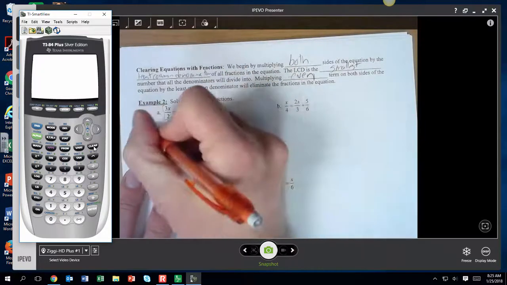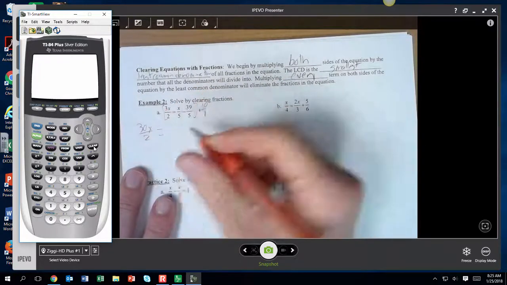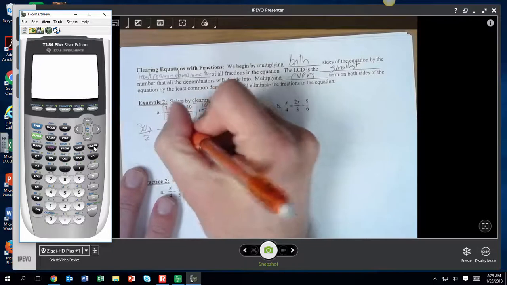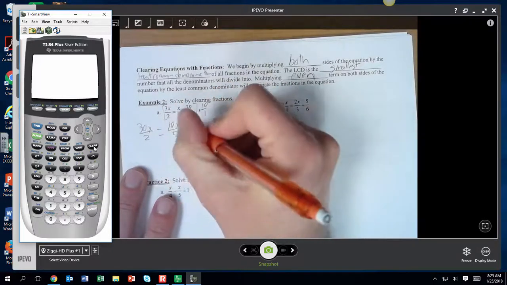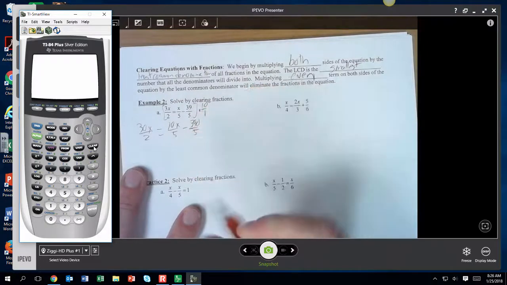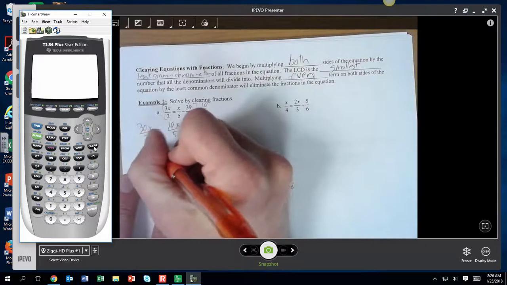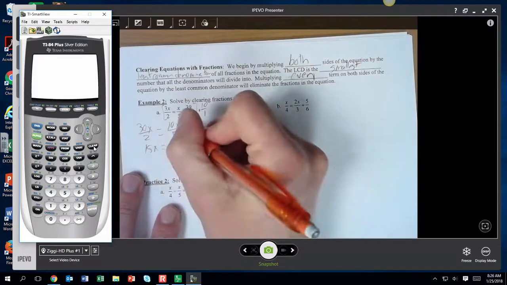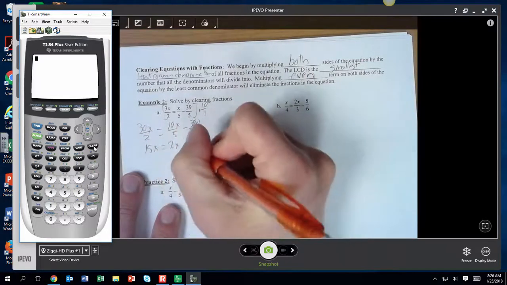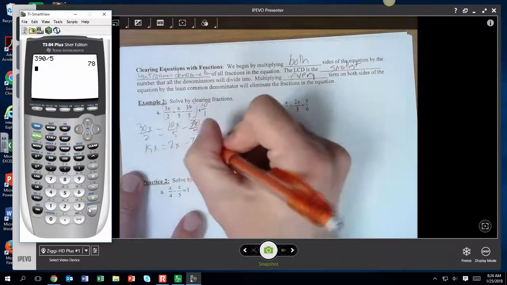3x times 10 is going to leave me 30x over 2 equals x times 10 is 10x over 5 minus 390 divided by 5. 30x divided by 2 will leave me 15x equals 10x divided by 5 is 2x minus, and I'm just going to grab a calculator, 390 divided by 5 is 78.